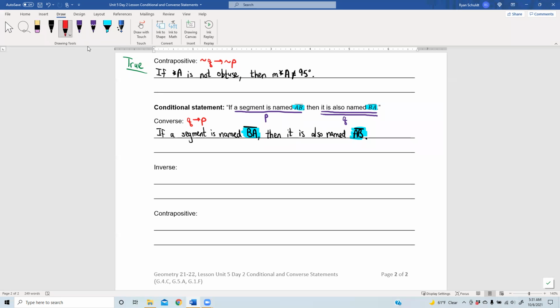Okay, so now, inverse. That's going to be not P, then not Q. So if a segment is not named segment AB, then it is also not named segment BA.